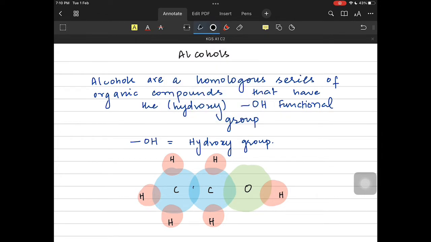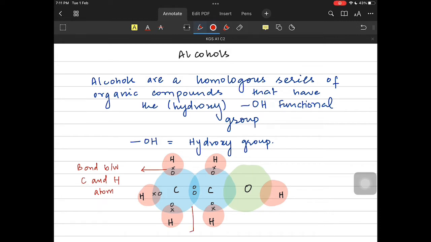Now, we know that there is single bond between the carbons and between the carbon and hydrogen atoms. So over here I am trying to draw a dot and cross diagram to show that there are bonds present between the carbon and hydrogen atom. This is the bond between carbon and hydrogen atom.